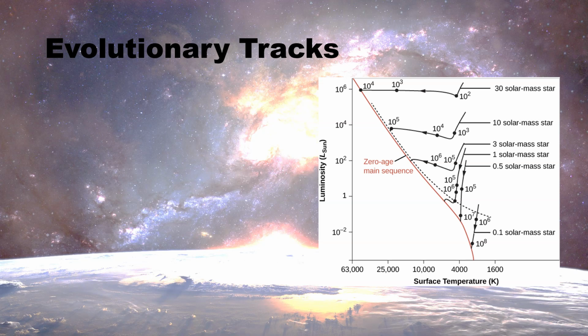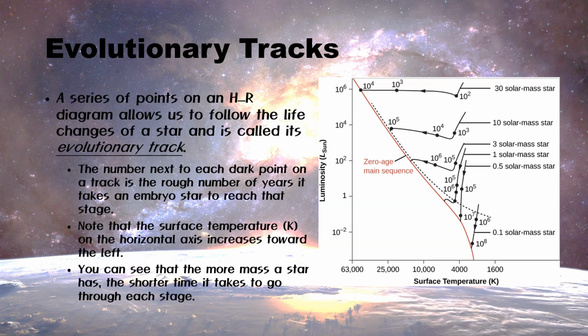And so we can introduce this idea of evolutionary tracks. The way we do this is through a series of points on the HR diagram that allows us to actually follow the life and the changes of the star. Now, if we look at this diagram here, we of course have our familiar surface temperature, which is plotted in reverse. We have our luminosity, which is plotted up here. And the number next to each track, or next to the dark points of that track, is the rough number of years it would take an embryo star to reach that stage.